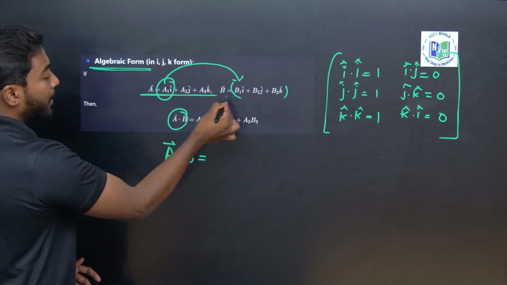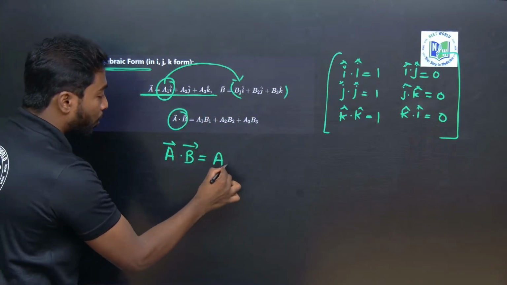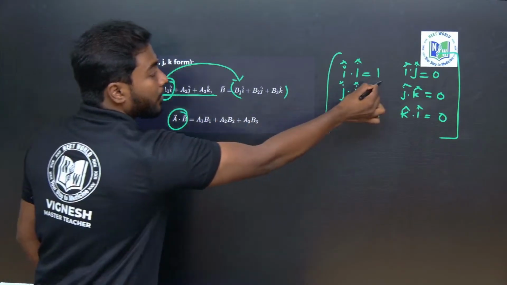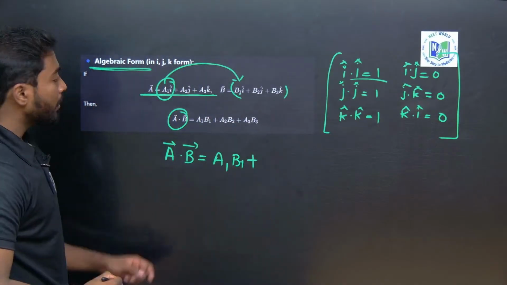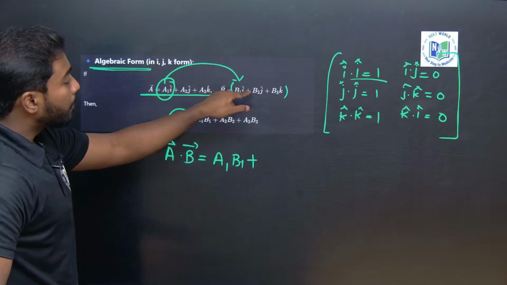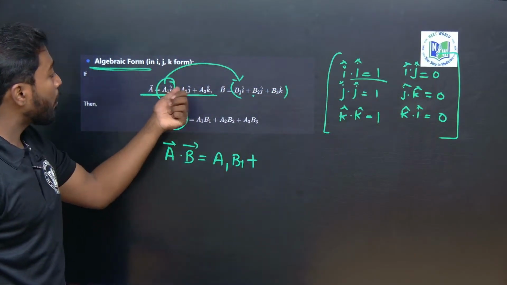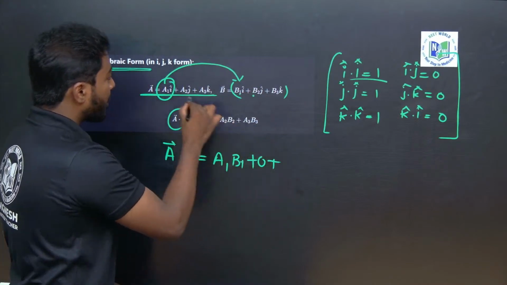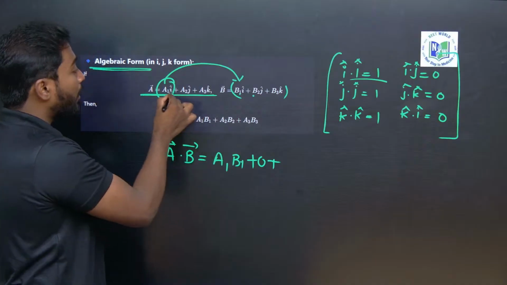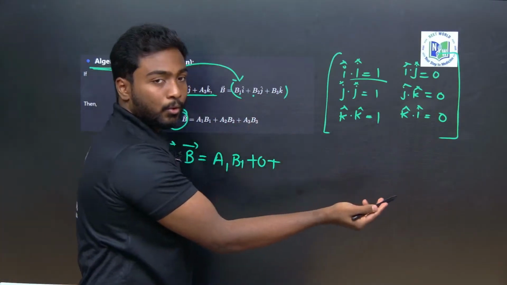So if I multiply a1 i with b1 i, I'll get a1 b1 i dot i, which is 1, plus a1 i with b2 j, i dot j is 0, so 0, plus a1 i with b3 k, again 0.